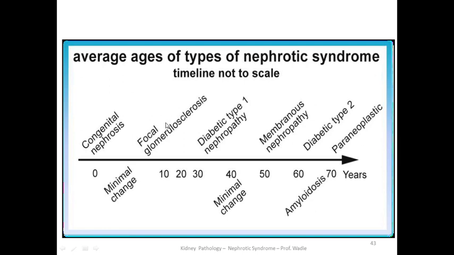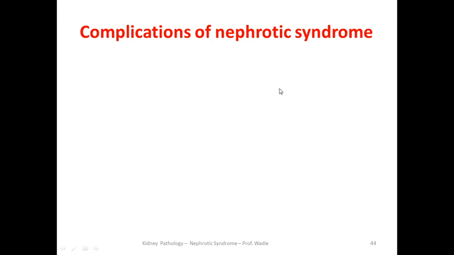Other causes of the nephrotic syndrome are uncommon. The complications of the nephrotic syndrome are infections, and this is mainly due to loss of immunoglobulins or antibodies from the circulation, and thrombosis, that is mainly caused by the loss of intravascular fluid and other changes in proteins that are associated with thromboembolic phenomena.